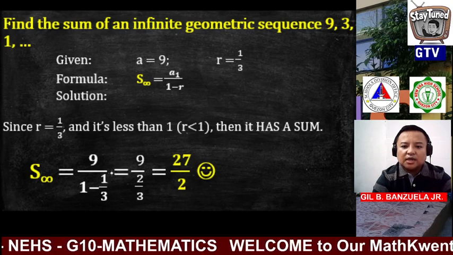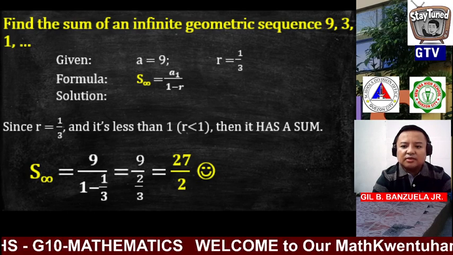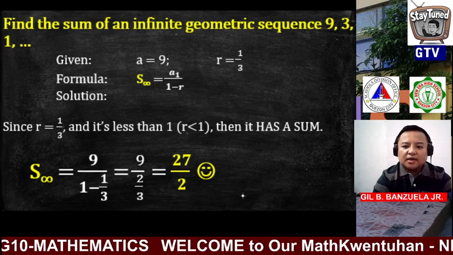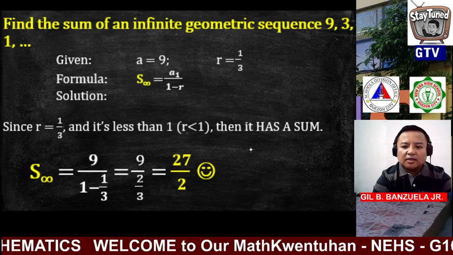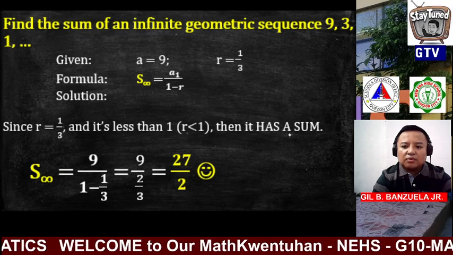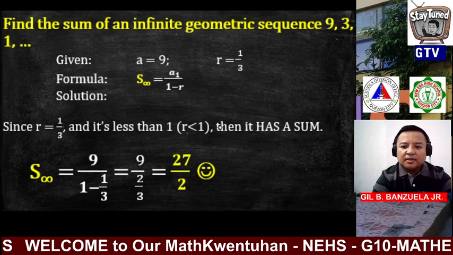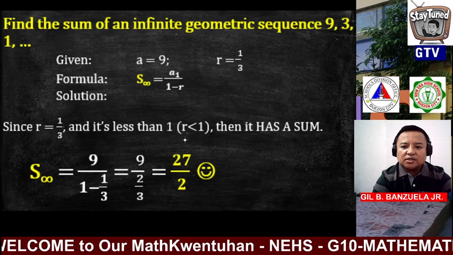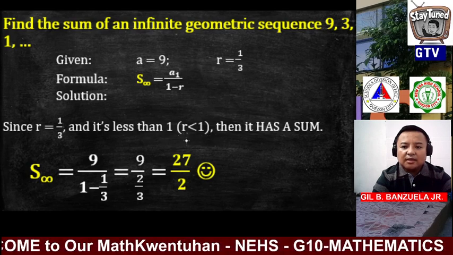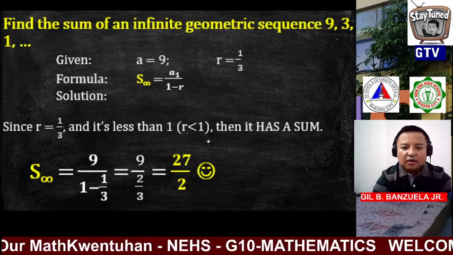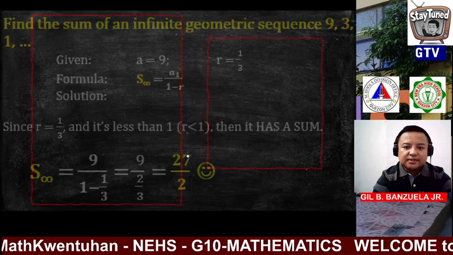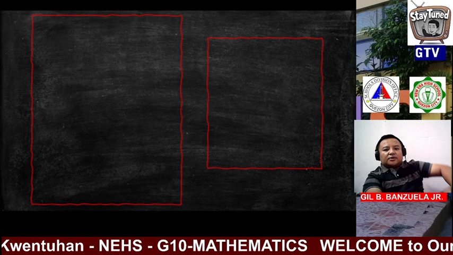Therefore, the sum of this infinite geometric sequence 9, 3, and 1 is 27 over 2. Again, take note, we can only have a sum if the common ratio is less than 1 and greater than -1. Okay, let's try to solve another problem.